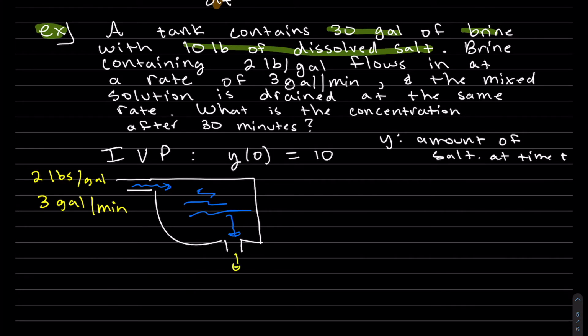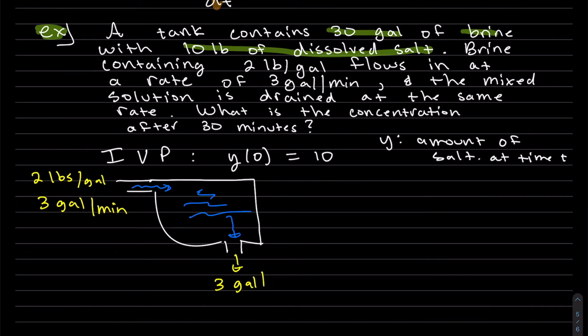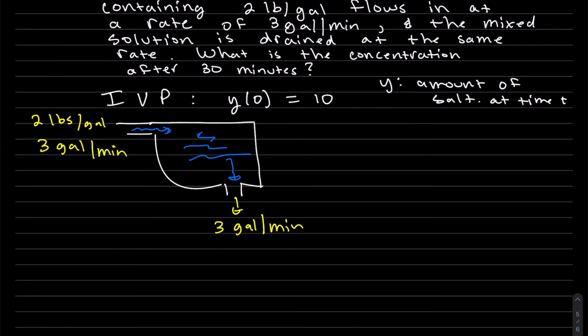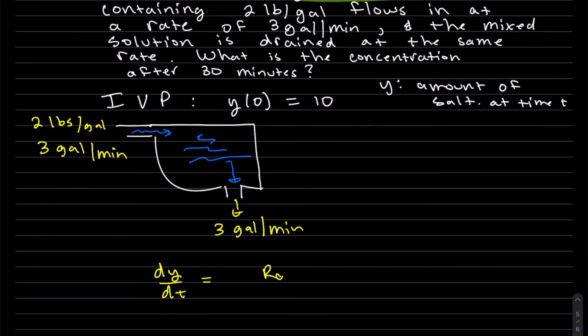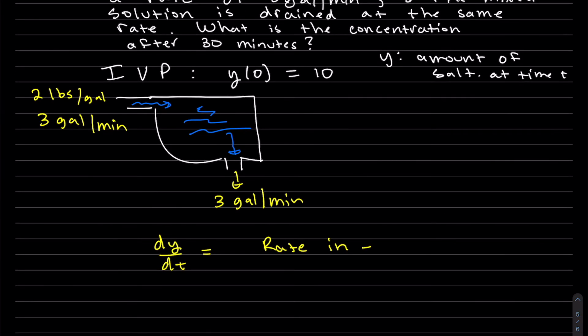Outgoing is the same rate, 3 gallons per minute. The rate the water goes out is the same as it goes in. So remember our hint, dy/dt is equal to the rate in minus the rate out.